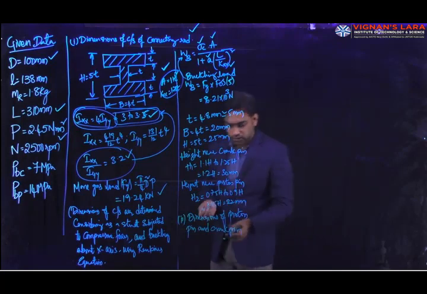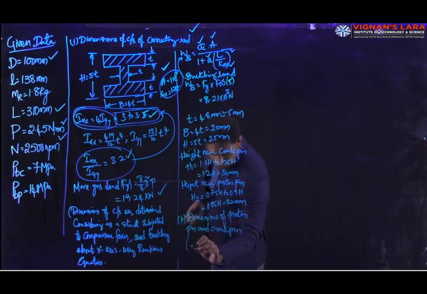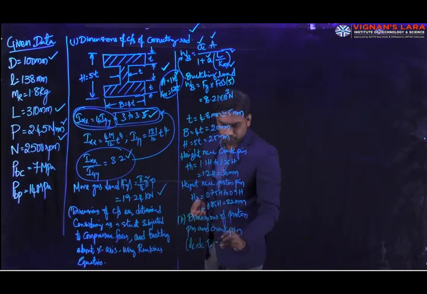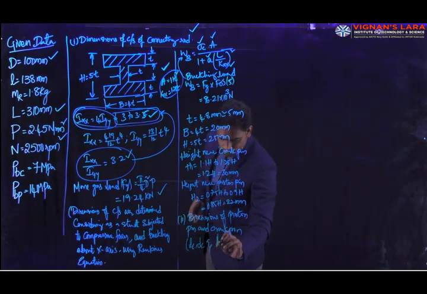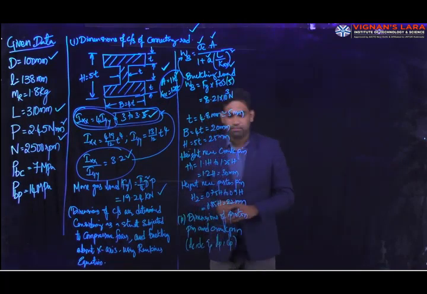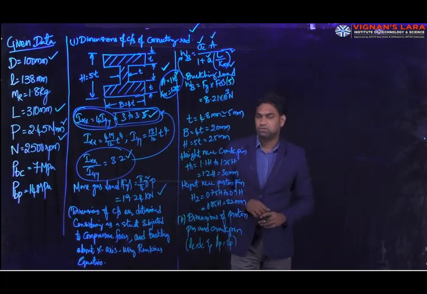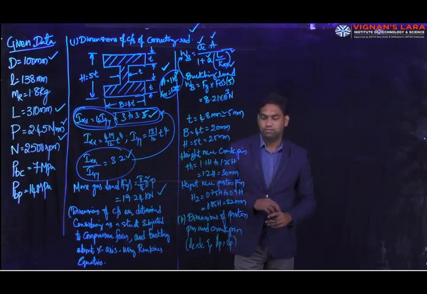We denote the length and diameter of the crank pin with LC and DC, and LP and DP are the length and diameter for the piston pin. These are the dimensions we are going to determine.